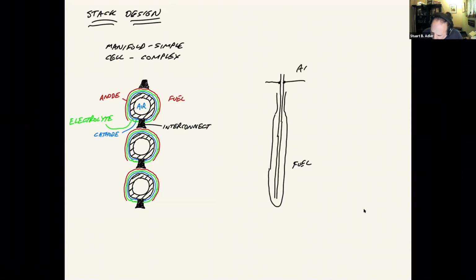So we have air. We have an air manifold. The air goes into the tube, goes down the tube, reaches the end of the tube, and it's distributed and goes back up the sides of the annular space between this inner tube and the fuel cell tube, the fuel cell. You have air on the inside. So air's on the inside, fuel is on the outside out here.